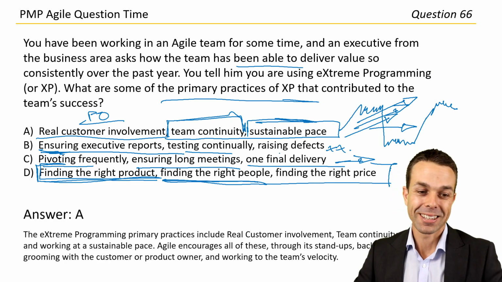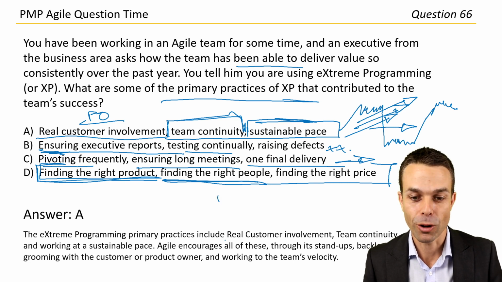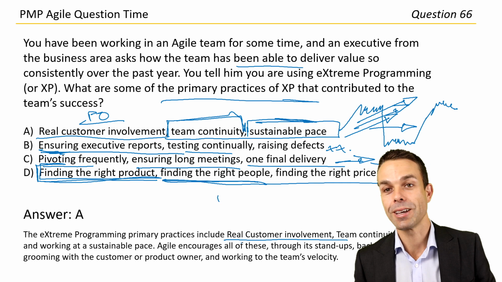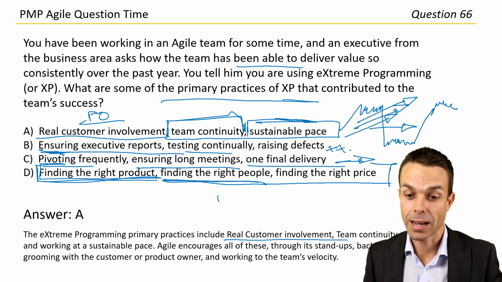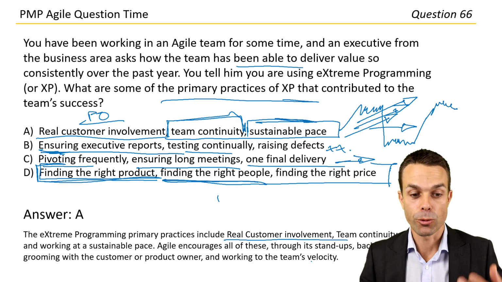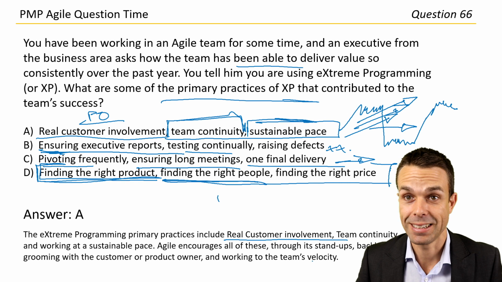And there it is. The extreme programming primary practices include real customer involvement, team continuity, and working at a sustainable pace. Agile encourages all of these through its stand-ups, backlog grooming with the real customer or the product owner, and working to the team's velocity. Now that's great.